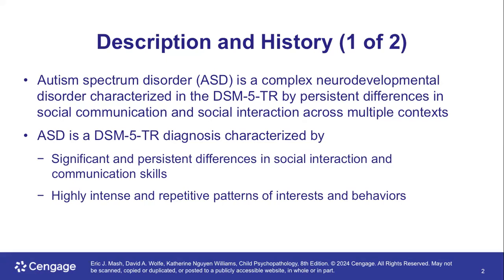Now, the DSM-5 diagnosis is characterized by struggles with social interaction, struggles with communication skills, and highly intense and repetitive patterns of interests and behaviors. So you might hear the term perseveration or perseveration of the sameness, which means that they like things in a specific way. And any change could disrupt the emotional state of an individual on the autism spectrum.